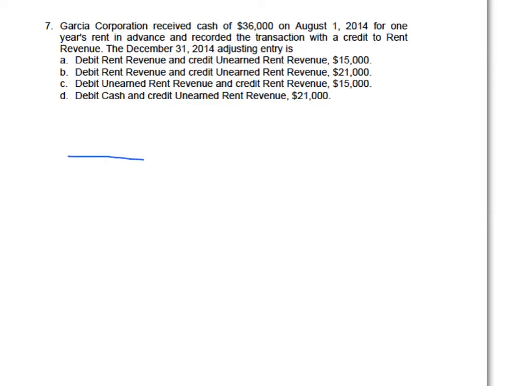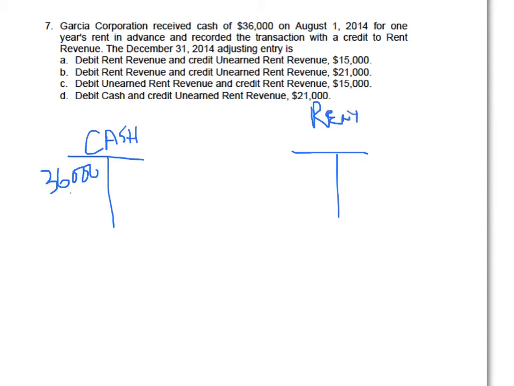So we have a debit to cash, and that was for $36,000, and a credit to rent revenue, and that was for $36,000.